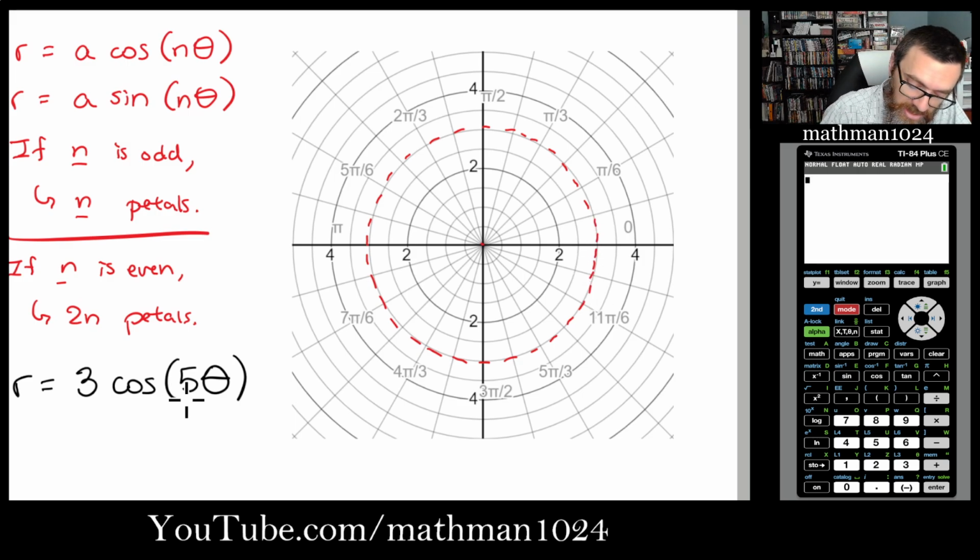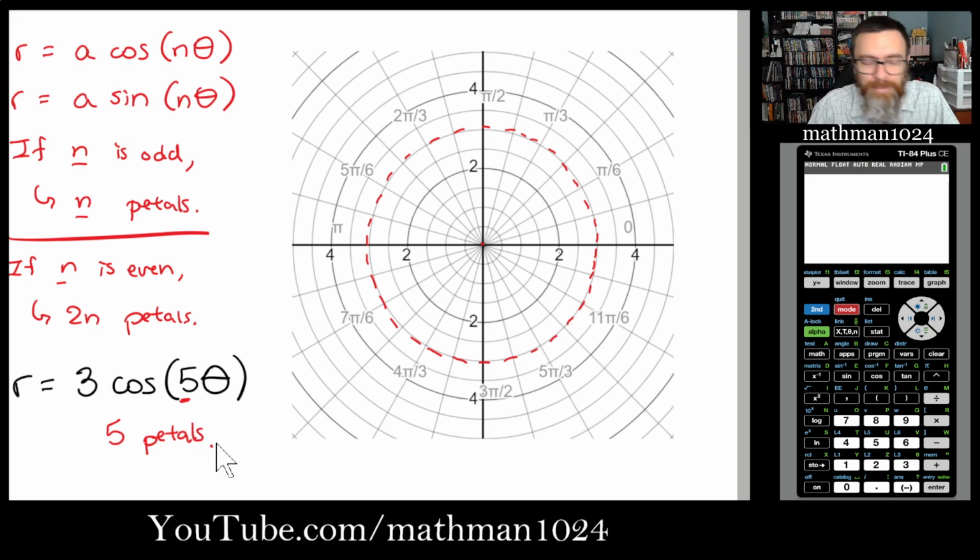Now, since this is an odd number, that tells me that I'm going to have 5 petals. Well, here's a bit of a trick. Think about it as though you would have 10 petals. I know it says 5, but if you could divide this whole circle into 10 regions, each one, of course, being 36 degrees wide, you're not going to have a petal in each of those regions.